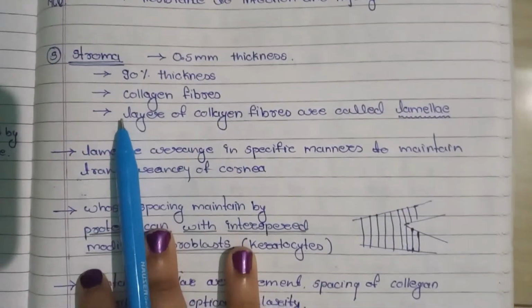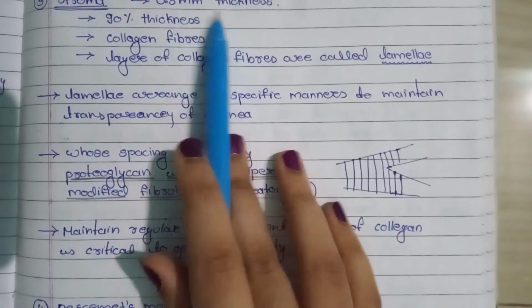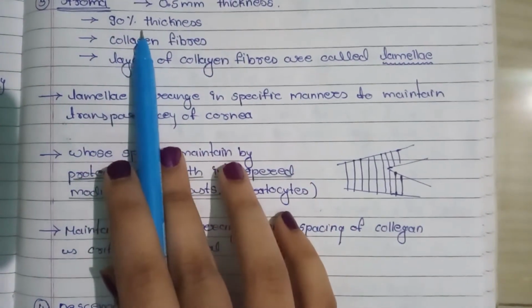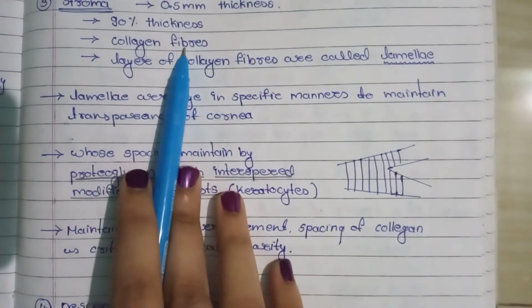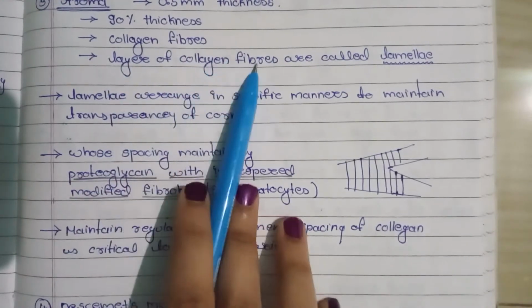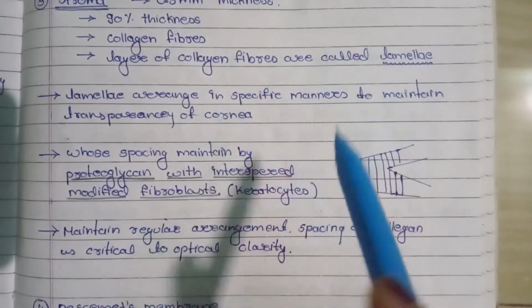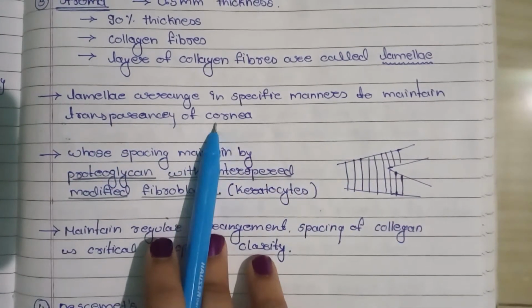Third is the stroma. Its thickness is 0.5 mm, and it covers 90% of the total thickness of the cornea. It is formed by collagen fibrils. The layer of collagen fibrils is called lamella. The lamellae are arranged in a specific manner that maintains the transparency of the cornea.